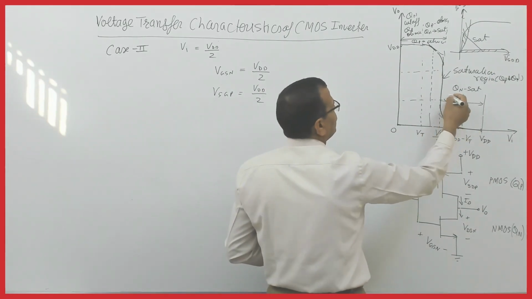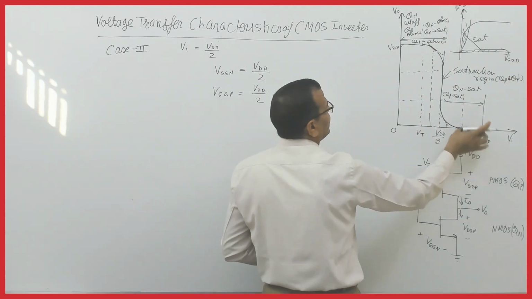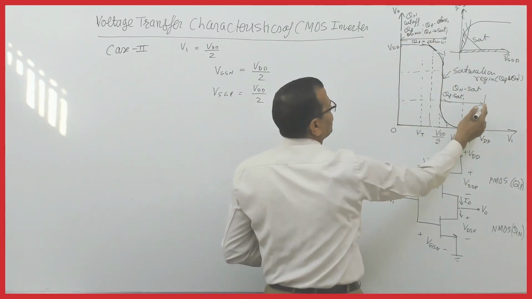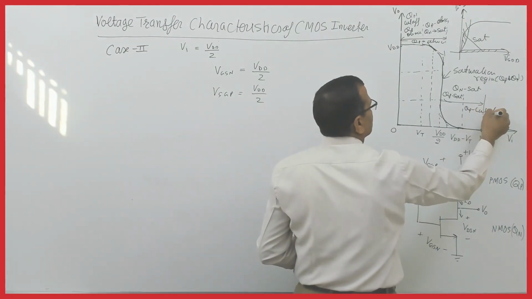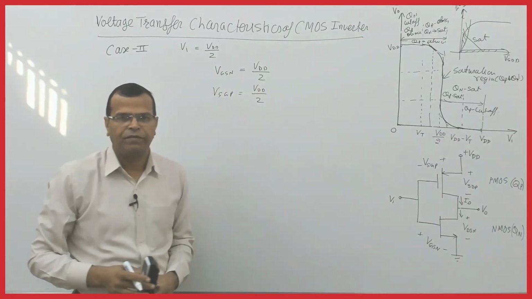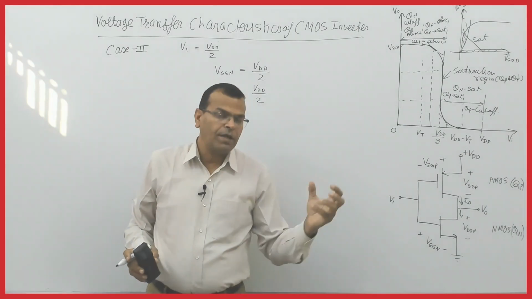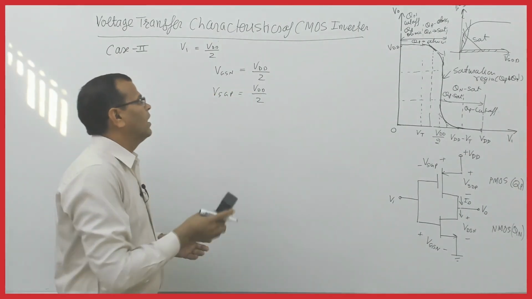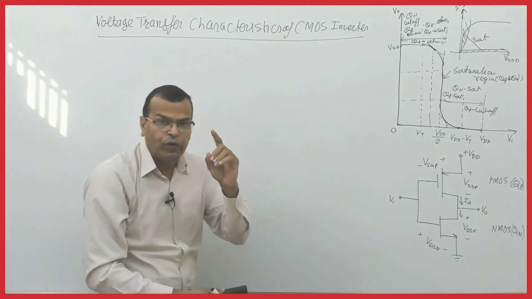So from here to here, QP will be in saturation, and from here to here, Qn was in cutoff, so QP will be in cutoff. So remember this. Fine. In a nutshell, rather than entering into the mathematical analysis, I will summarize whatever we have discussed, and this is what you need to remember.